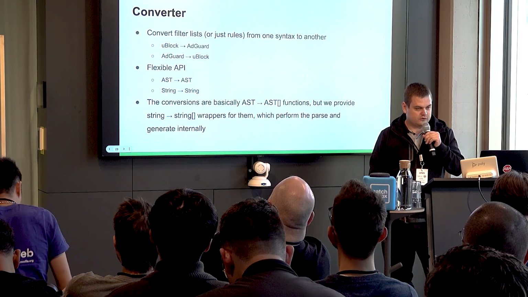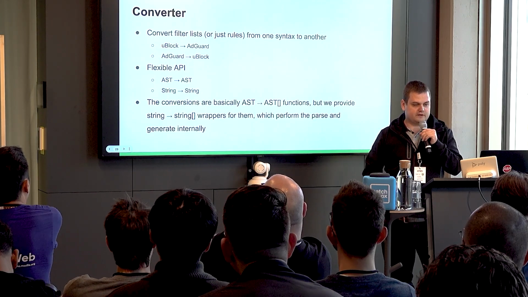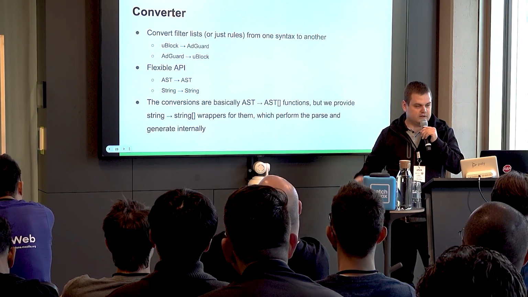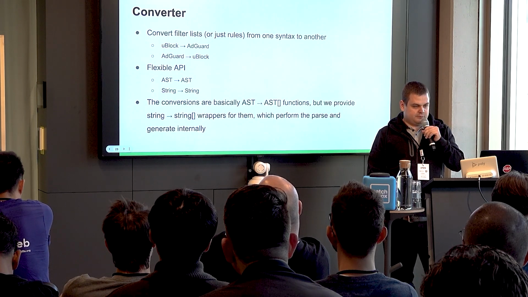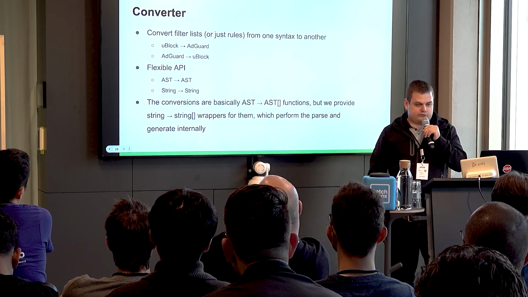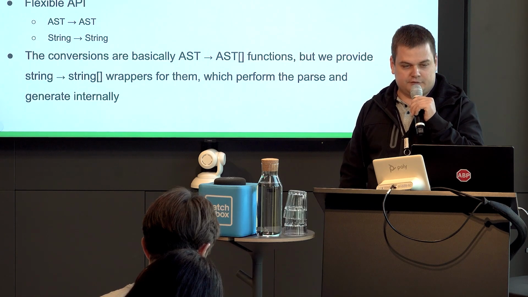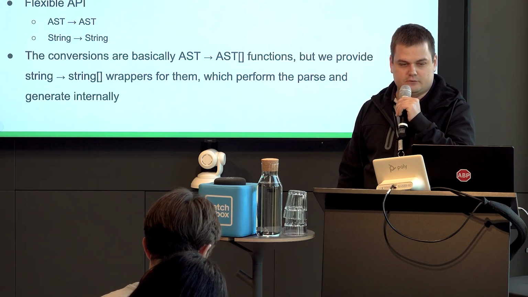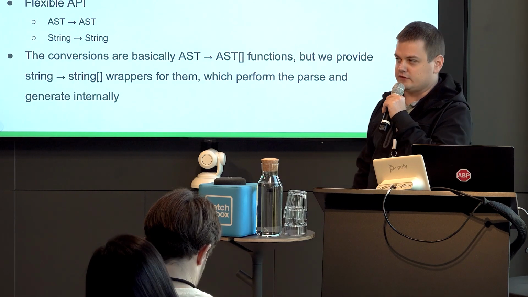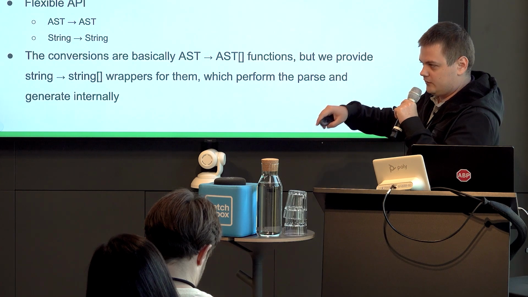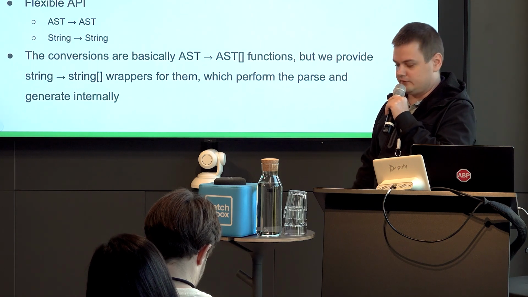However, since a common use case involves converting from string to string, we implemented a wrapper around it to support this string-to-string conversion as well, efficiently hiding the boilerplate code needed for parsing and generating. But it's still an AST to AST conversion under the hood.